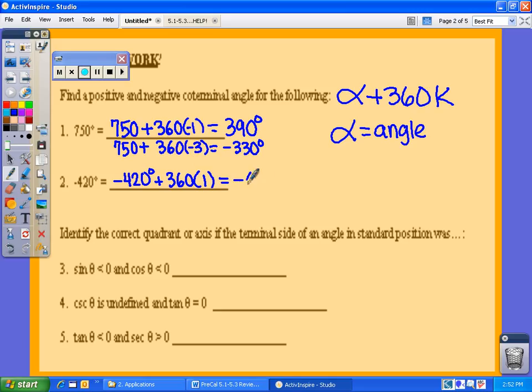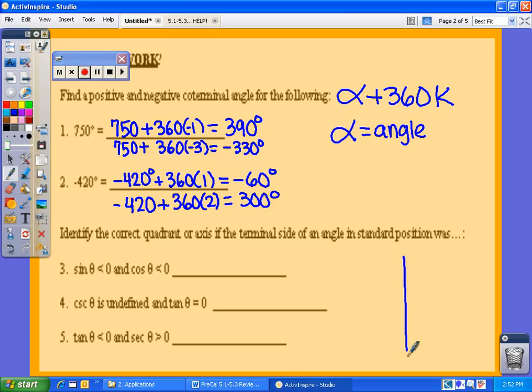And I get negative 60 degrees. I need a positive, so I'm going to try 360 times 2. And I wind up getting 300. So I have one positive, one negative. I'm done. On to the next one.